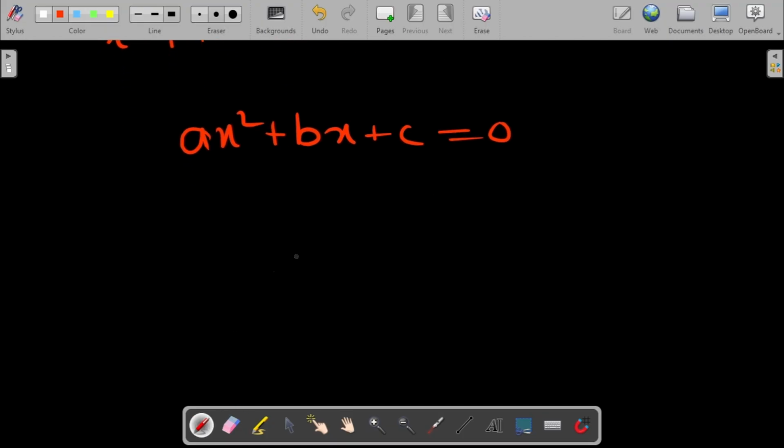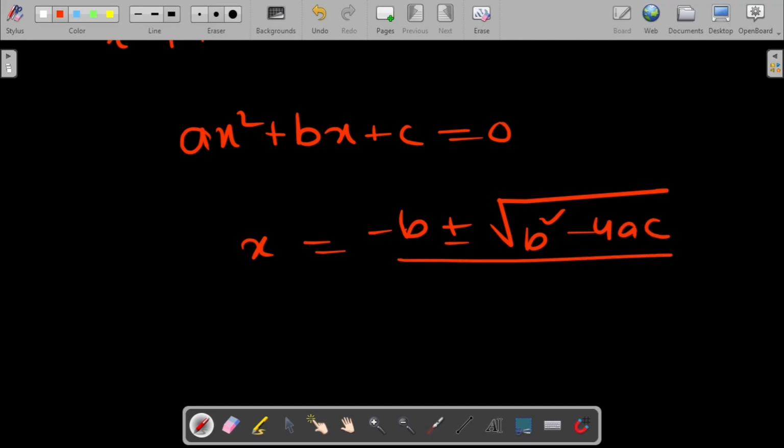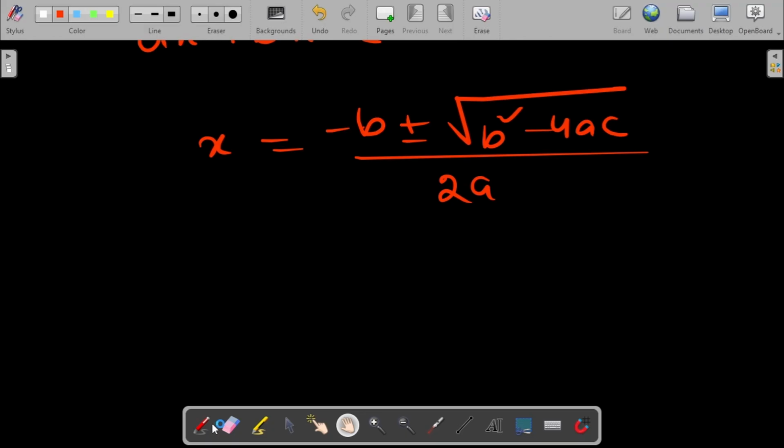You know that the solution of the quadratic equation is x equal to minus b plus minus root over b squared minus 4ac divided by 2a. Here the discriminant is D equal to b squared minus 4ac.